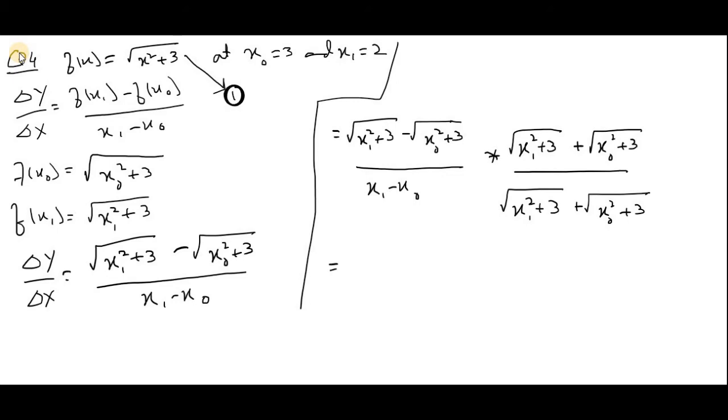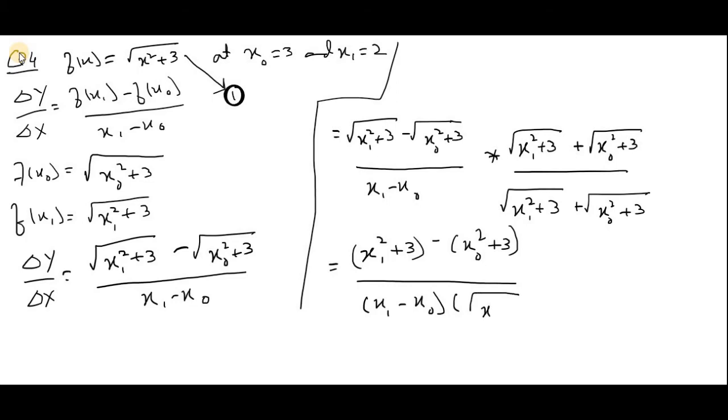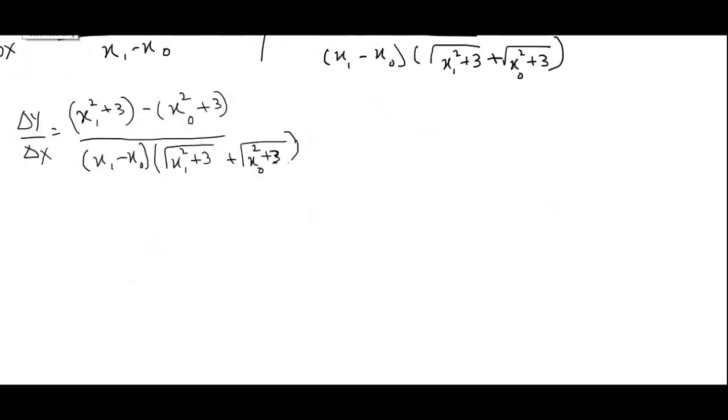Now in the numerator it is the expansion of a square minus b square, so we are going to write it as x1 square plus 3 minus x naught square plus 3 whole divided by x1 minus x naught into under root x1 square plus 3 plus under root x naught square plus 3. Now we are going to simplify it.